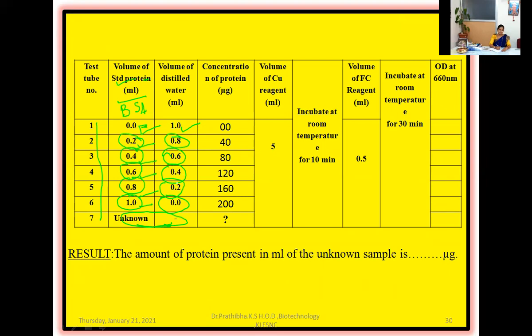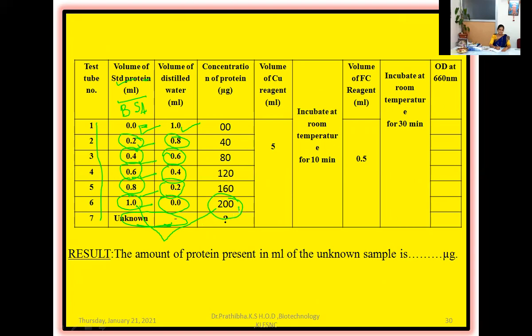Then what is the concentration we have taken here? The concentration of the protein here is 200 microgram per ml. You need to keep in your mind, in the Lowry's method the concentration of protein is 200 microgram per ml. How did we get that?